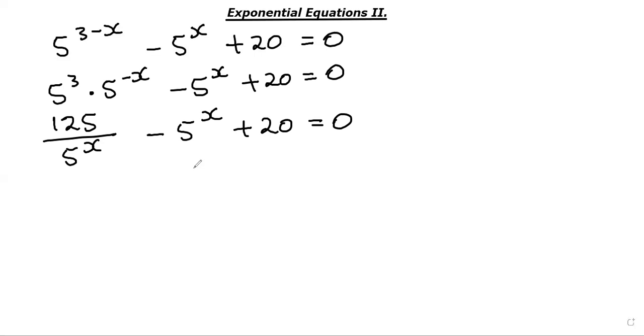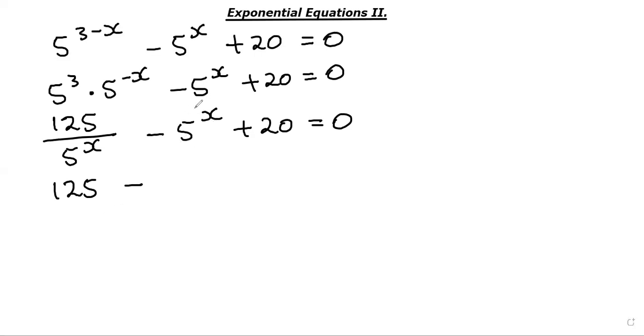Then once again, we have an equation that involves a fraction. So we have to multiply every term by the LCD so as to destroy the fraction. Now, if you say the first term multiplied by LCD, which is 5 to the x, you get a solid 125.